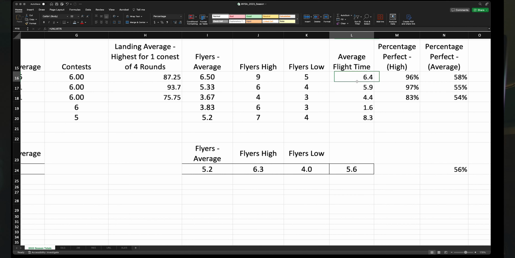And then we can break this down. Average flight time. This is average flight time per class for the entire season. This is average percentage perfect, high percentage perfect for one contest. That's kind of phenomenal. And then we have average percentage perfect for the entire year.